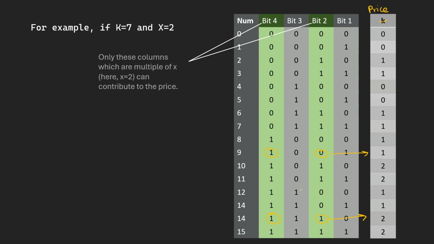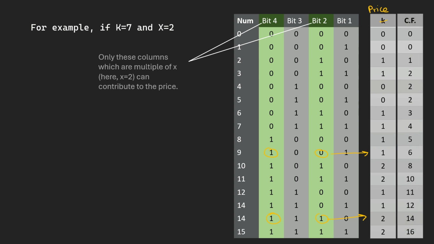But the task is that we have to check the number such that the sum of the prices of all the numbers from 1 to that number should be less than or equals to k. For that we have to calculate the cumulative price, and check the largest number which satisfies that the sum should be less than or equals to 7.